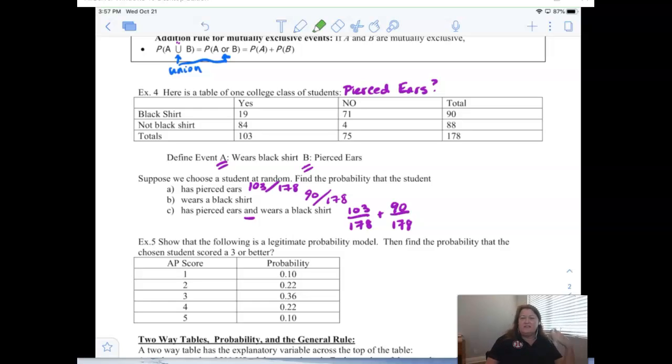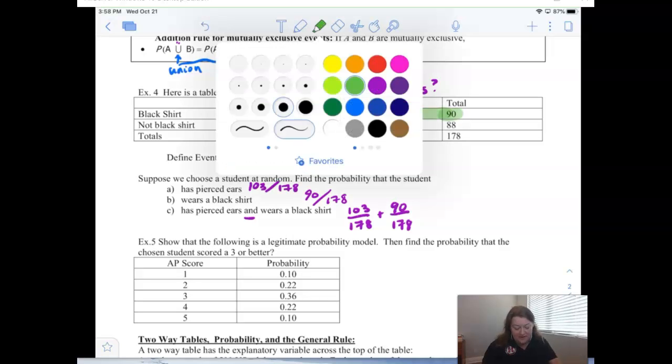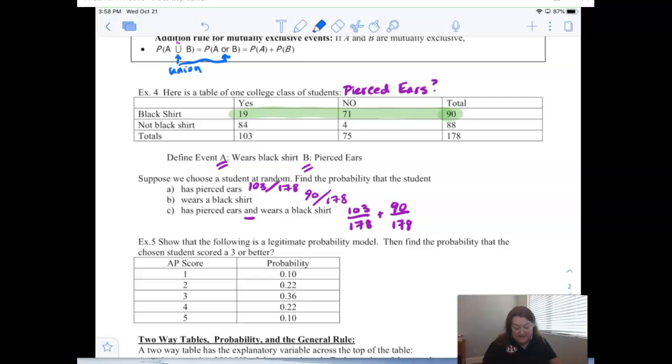So if I said stand up if you are wearing the black shirt, then 90 people would stand up. The 19 and the 71 would both stand up. If I asked stand up if you have pierced ears, I would have these 19 and these 84 stand up, and that's where I'm getting the 103 from.